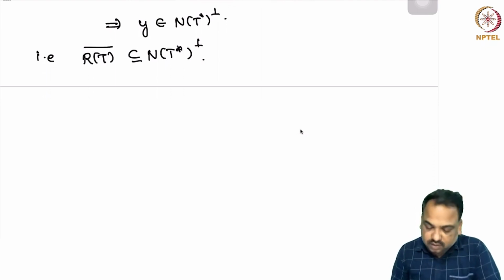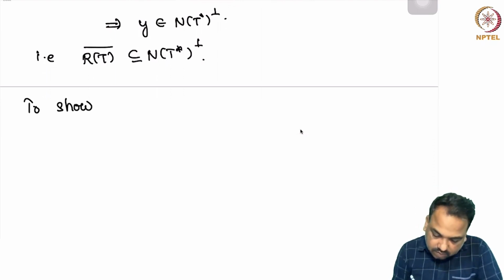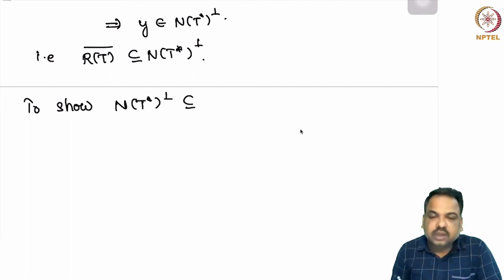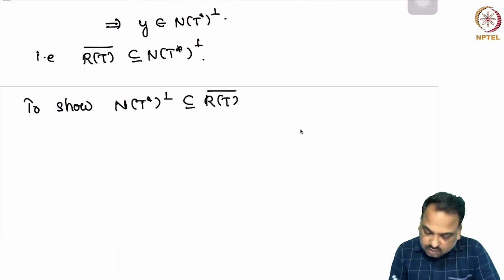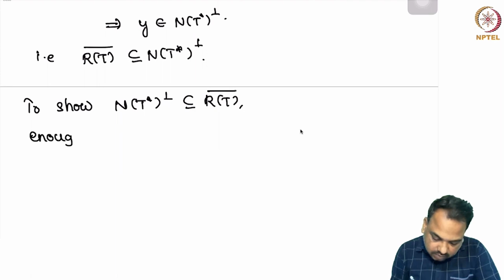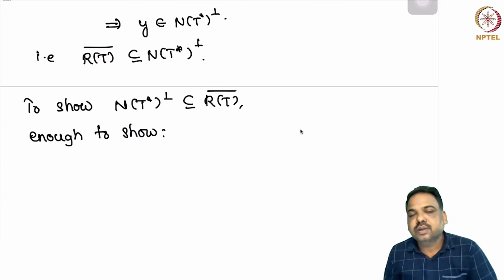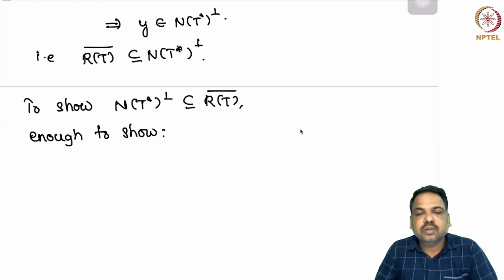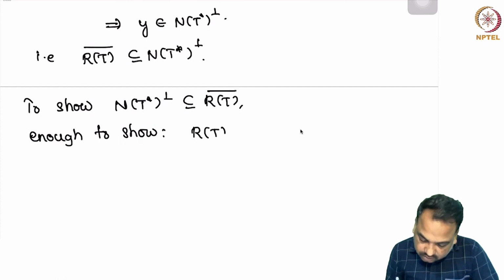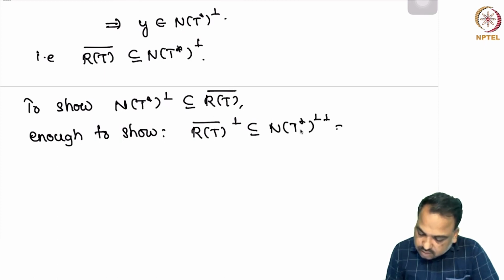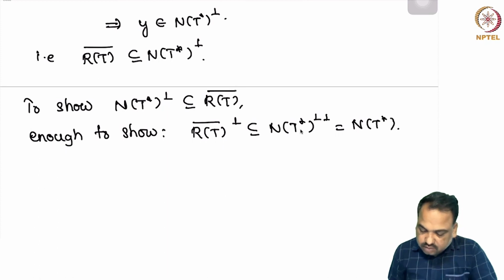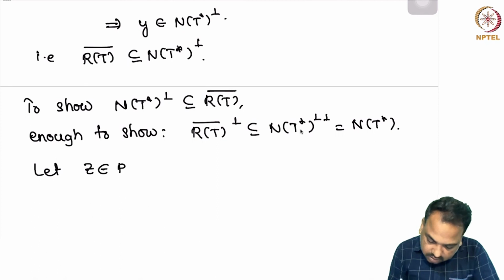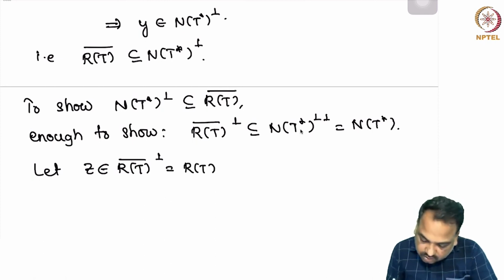Now to show the other way, that null space of T star perp is contained in range of T closure, it is enough to show that the orthogonal complement of range of T closure is contained in the orthogonal complement of null space of T star perp. So let us take z in range of T closure perp, but we know that range of T closure perp and range of T perp are the same.